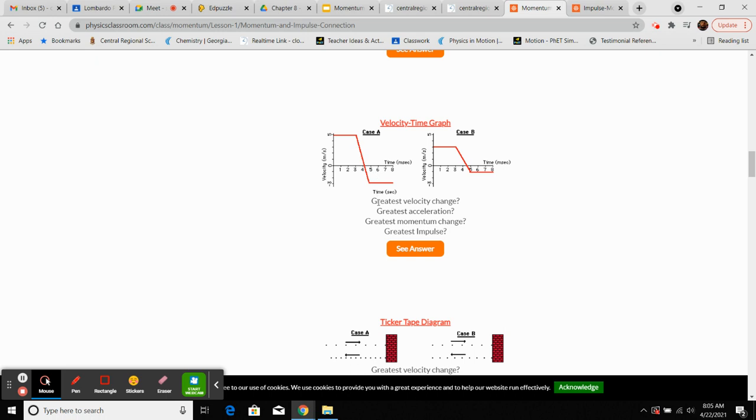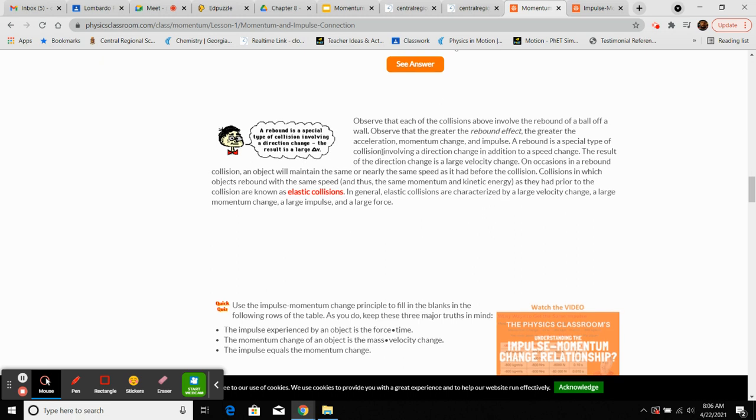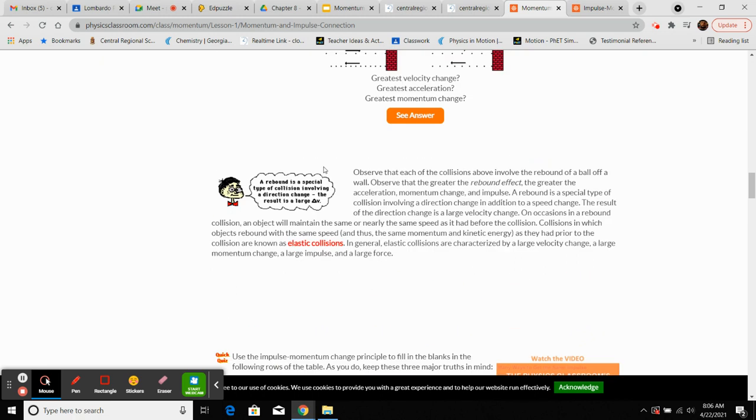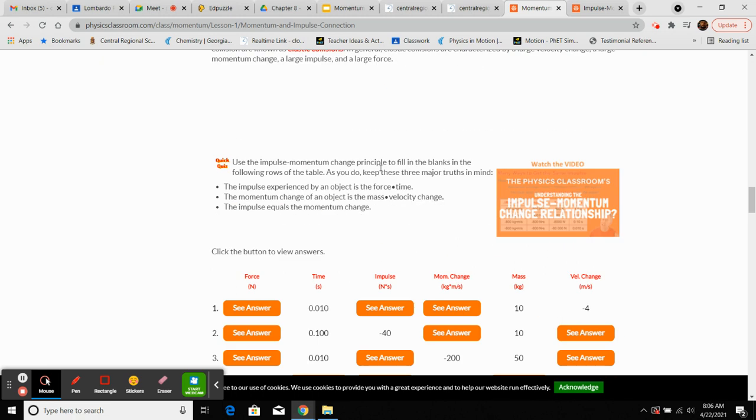A. Therefore, the greater acceleration, because they're doing this over the course of 2 seconds, from 3 seconds to 5. The greatest momentum change? Well, which one has the greater change in velocity? Case A, it's going to have the greatest momentum change, and therefore the greatest impulse. It kind of gets repetitive with that over here.